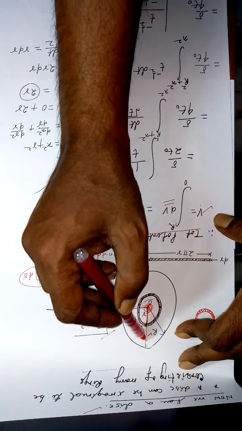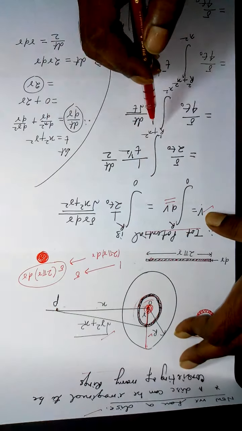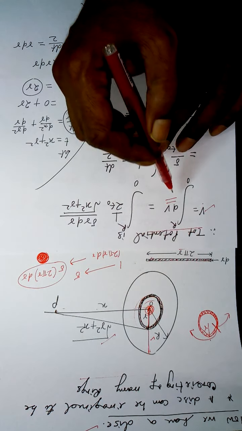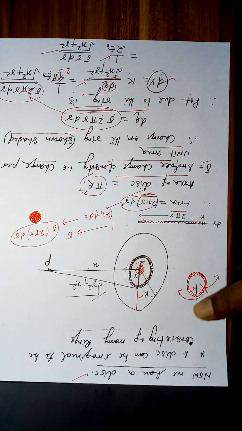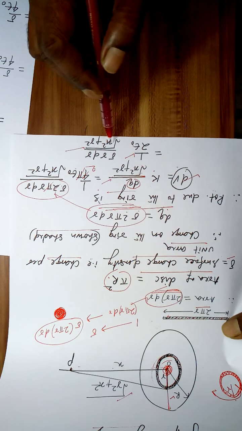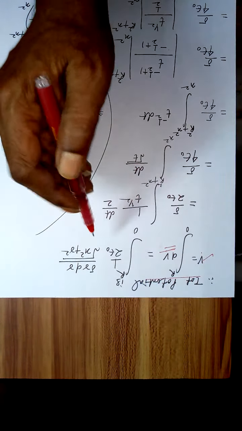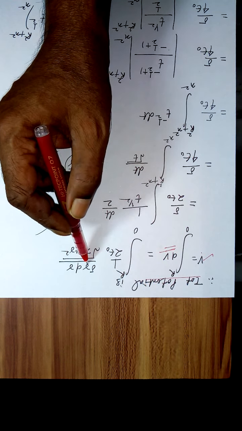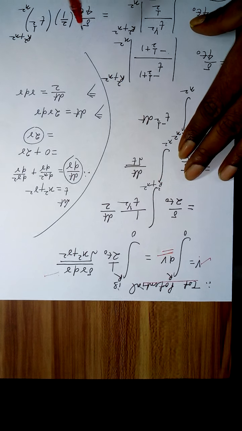With this limit from 0 to r, all the rings will be included. Now for dV, which I just derived here, 1 by 2 epsilon naught sigma r dr over this, I substitute it here, 1 by 2 epsilon naught sigma r dr over this, from 0 to r, so that all the rings are included.